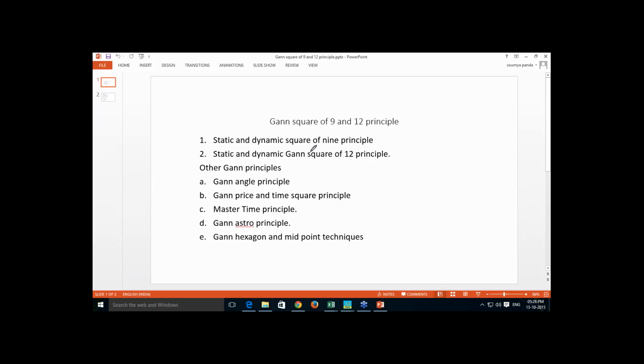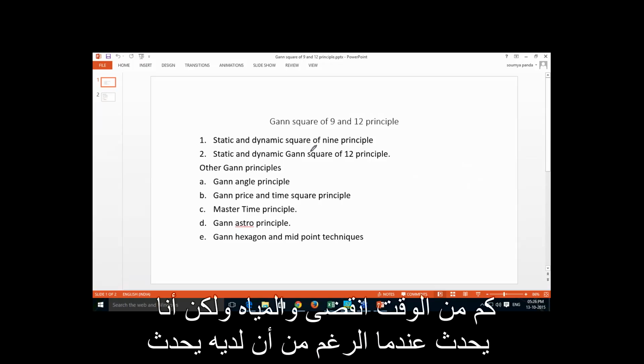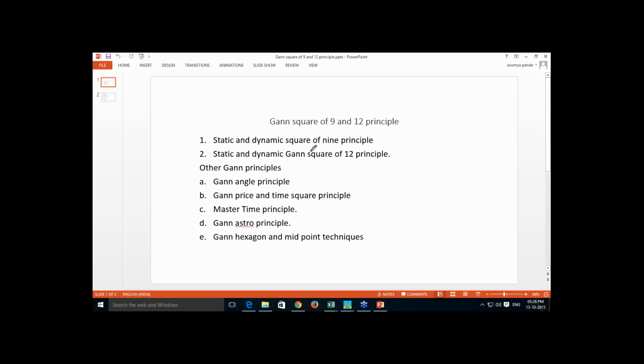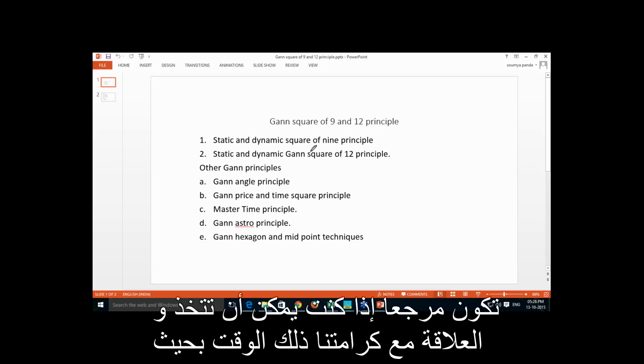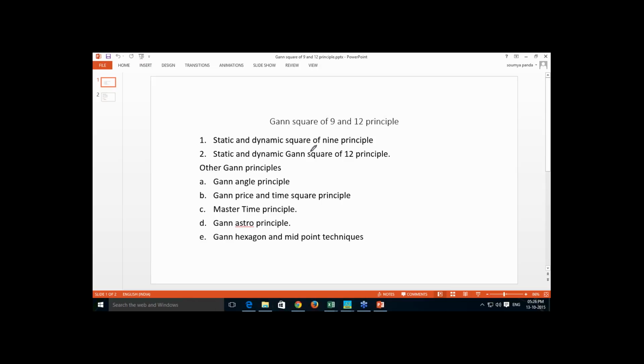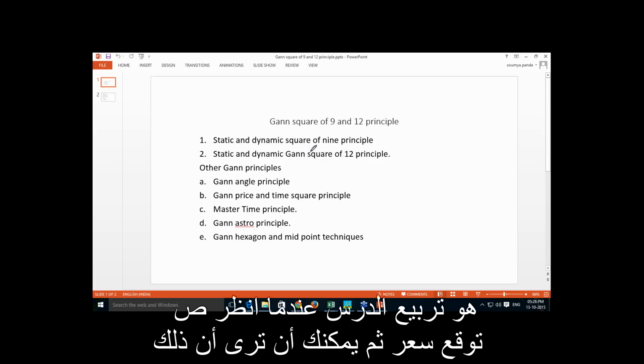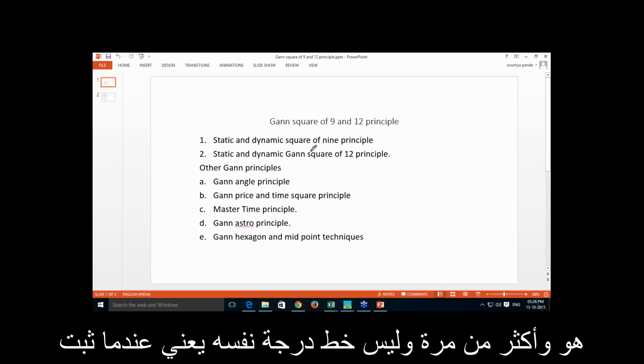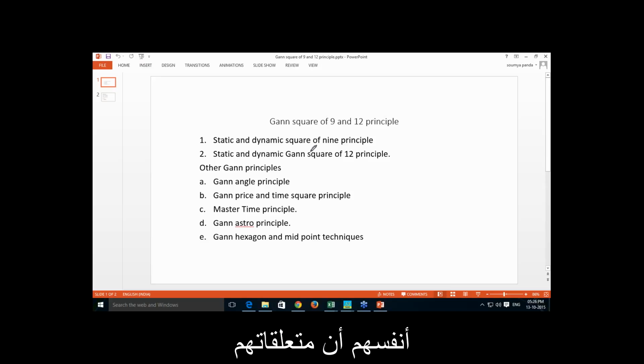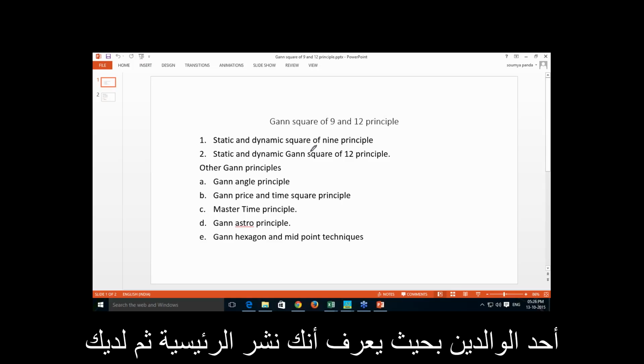So a squaring relationship happens, means when the high has happened, how much time has elapsed and what was the time relationship with the degree at that time. If you can take that reference and project the price, then you can say that it is a squaring relationship, when price and time move in the same degree line, when they prove that they belong to one parent. That is known as your squaring principle.